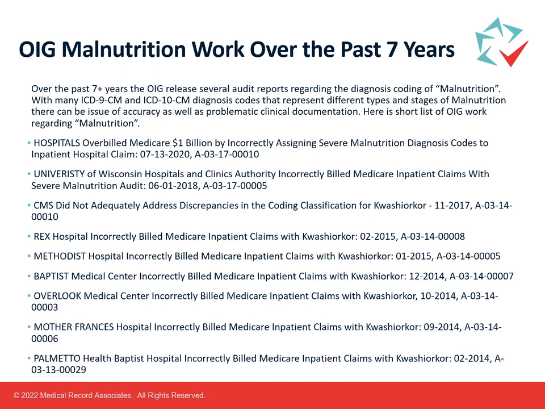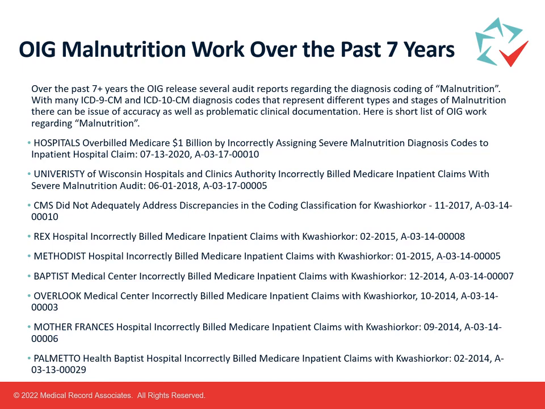There was a series of audits targeting a variety of hospital systems, focusing in 2014 on kwashiorkor. You can see from the bullets that are listed, starting at the bottom, Palmetto was the first one, and then Mother Frances, Overlook Medical Center, Baptist Medical Center, Methodist Medical Center, and Rex Medical Center.